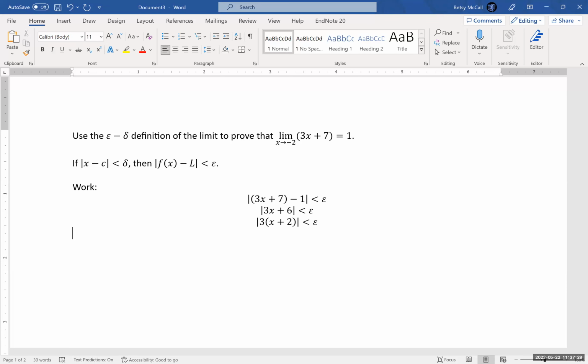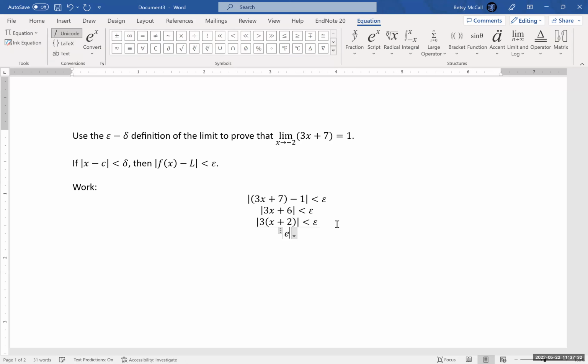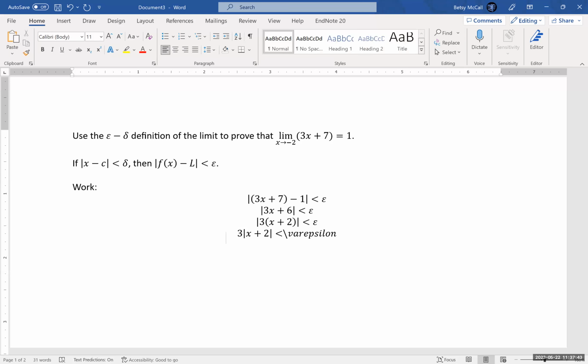Then we can pull the 3 outside the absolute value, and then move the 3 to the other side of the inequality.